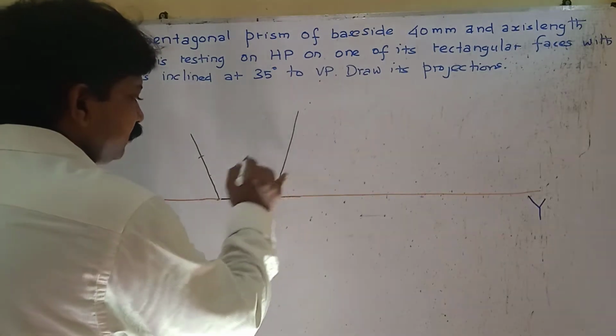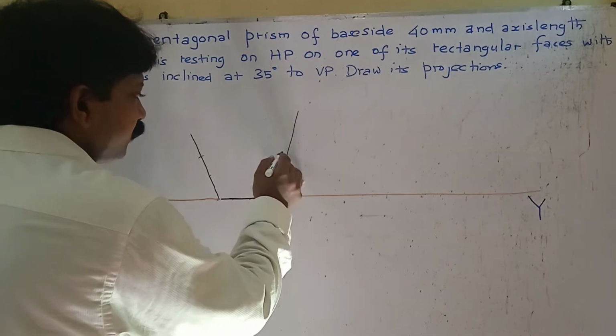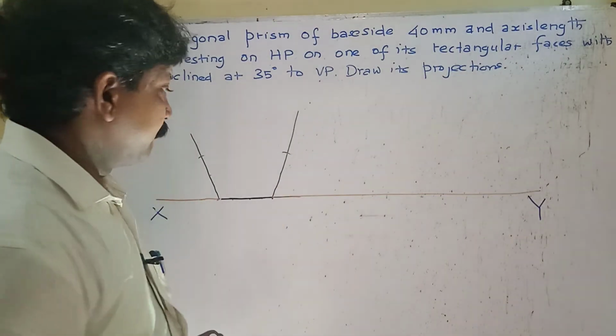With 40 mm as radius, draw the arc. Similarly on the right side, 40 mm as radius, draw the arc using the compass.